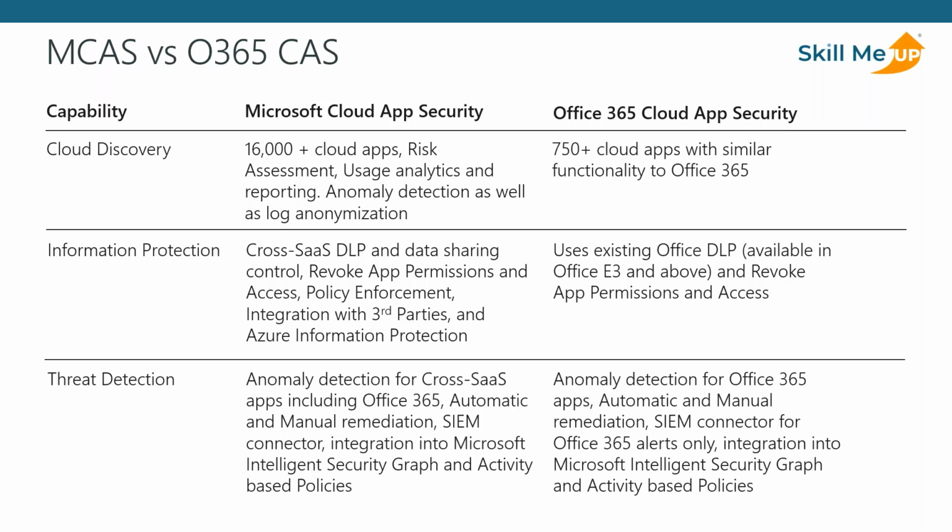From a threat detection perspective, this is cross-application protection again for cloud app security, automatic and manual remediation, SIEM connection, security intelligence graph, and activity-based policies. And then cloud app security for Office 365 does a similar process to that one.